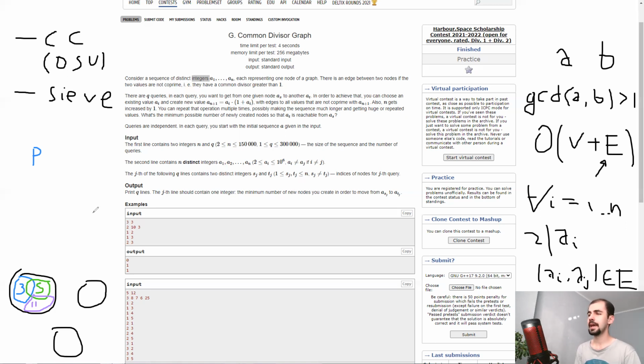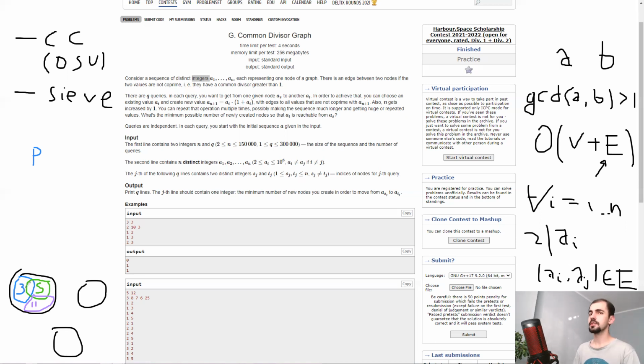If A and B have a common divisor, then they obviously have a common prime divisor. So in a way, we don't care about divisors that are not prime. And that's why we can loop over prime divisors only in logarithmic time, and not over all divisors in square root time.